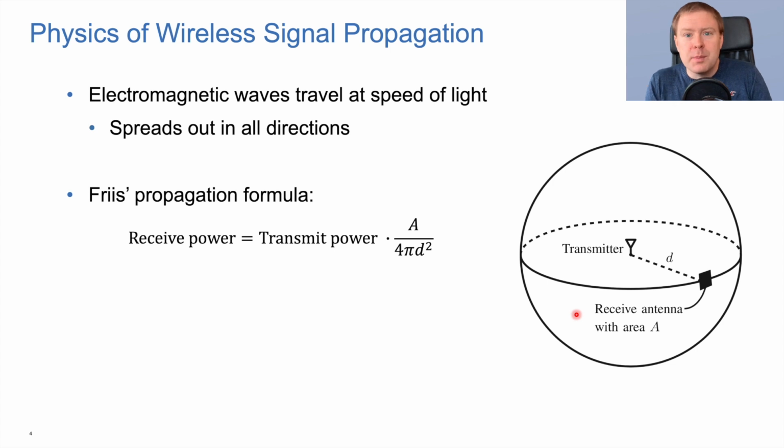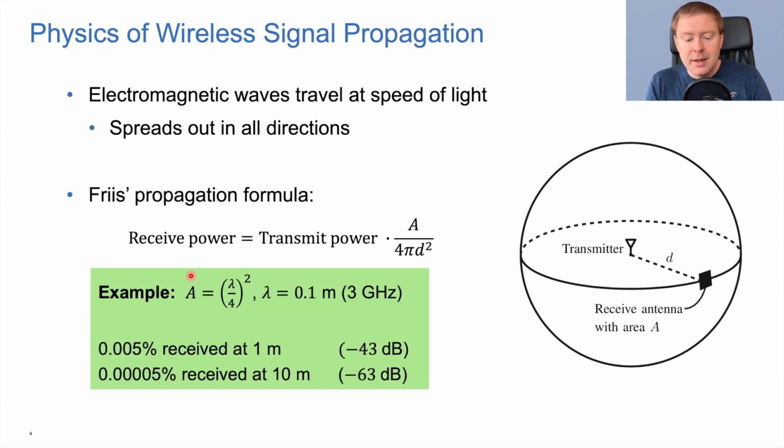And why do I bring up this? Well, we have this classical propagation formula for line of sight communications. The transmit power multiplied by this ratio gives us the receive power. And if we consider typical numbers here, say that the area is computed as the wavelength divided by 4 times the wavelength divided by 4, so a sheet of metal of that size receiving the energy, and that we have a typical 5G frequency of 3 GHz.